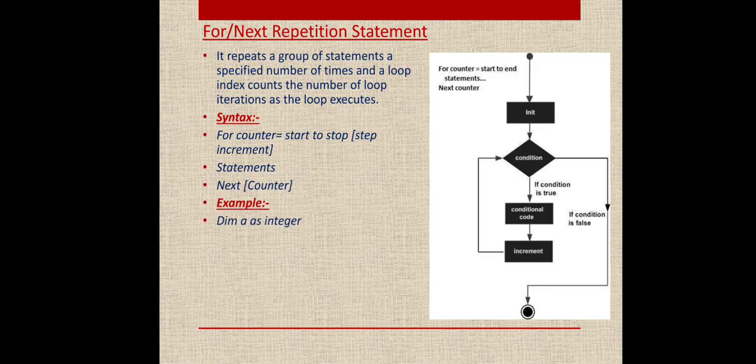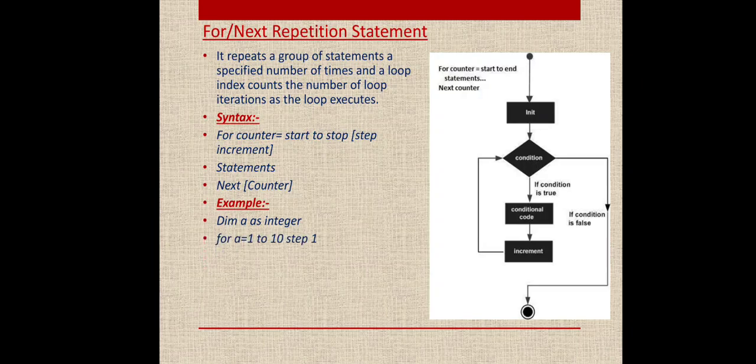Dim a As Integer. A means here the counter. We write For a = 1, that means counter equal to 1, the starting position is 1. To stop means 10. That is the stop. Here we write 10. Step 1 means it will be incremented by 1. If we write step 2, it means the variable will be incremented by 2.